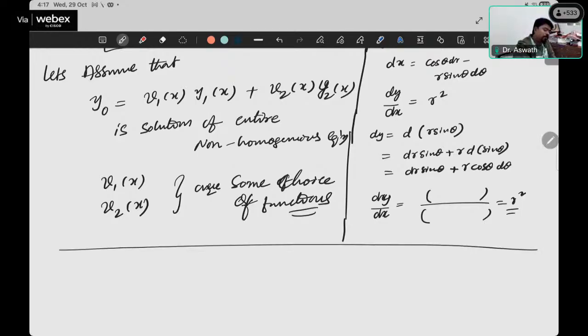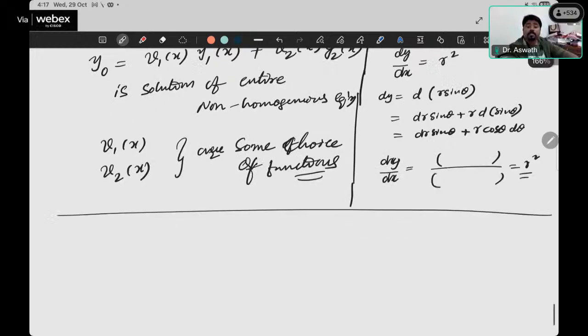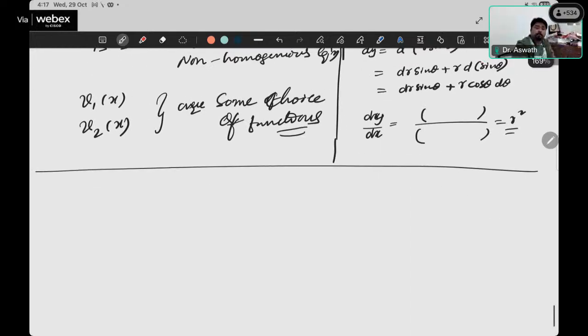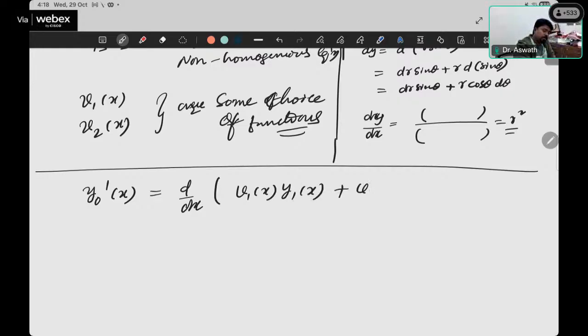Let's say from that way I found. If that is the case, what happens? Let's see. Now y naught dash x would be the derivative of whatever I have chosen, v1(x) y1(x) plus v2(x) y2(x). Right?